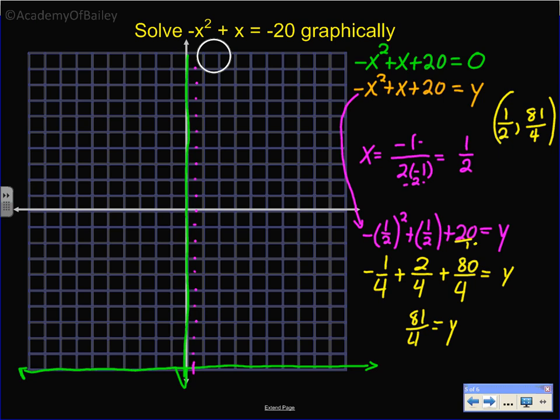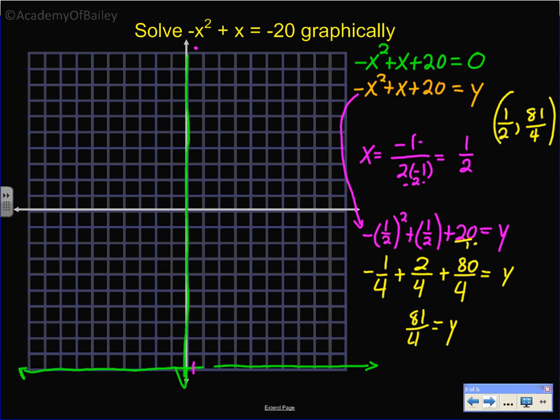Let me get rid of some of this for you. 20 and 1/4, so approximately right here.